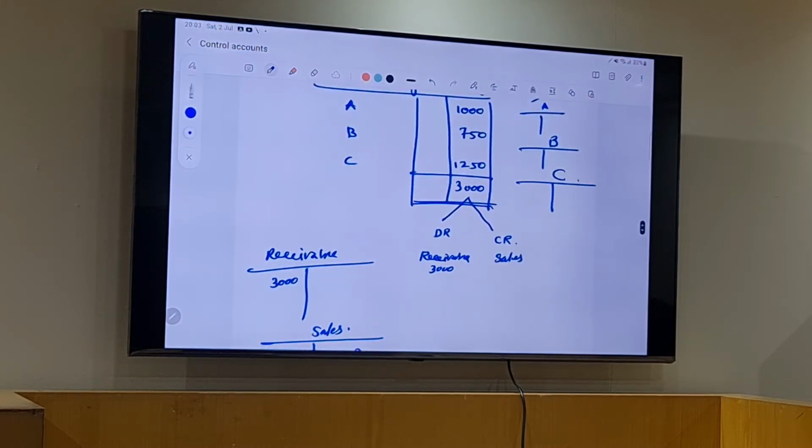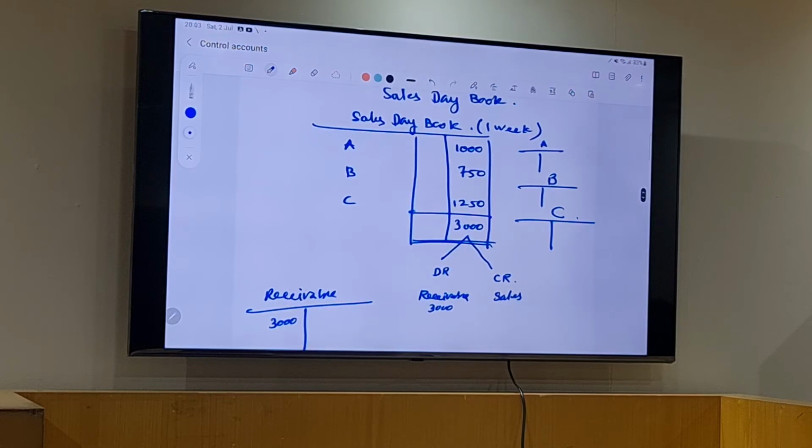So, in order to maintain the track of the transaction, what I will do, I will record this individual transaction in the individual customer records. I won't call them accounts, I will call them customer records. So, 1000, I have done a sale to whom?